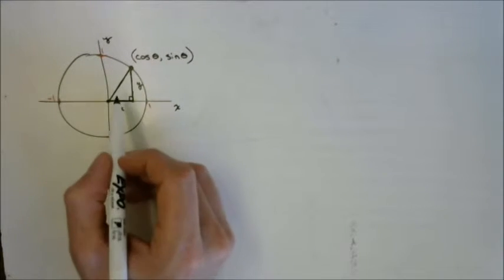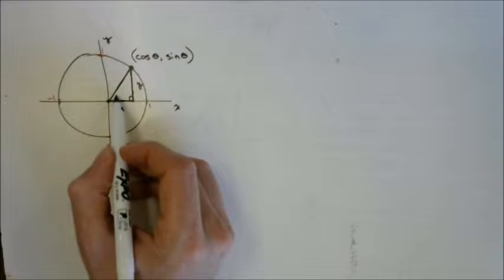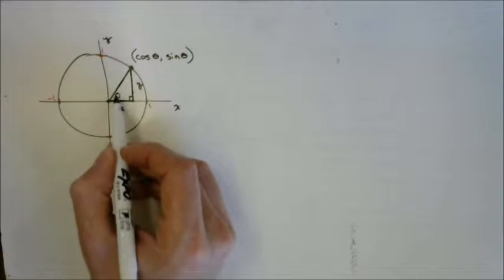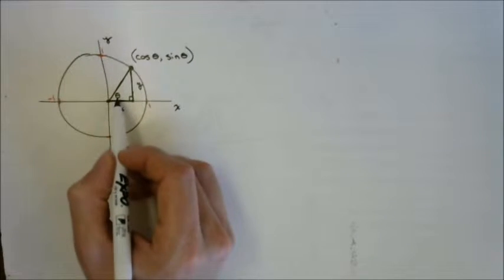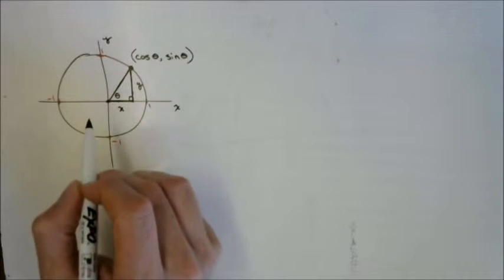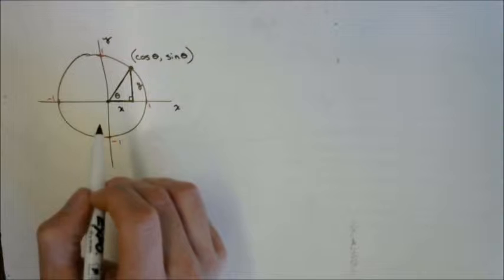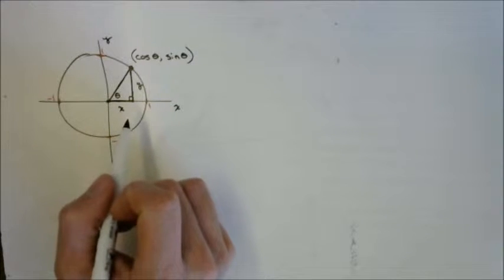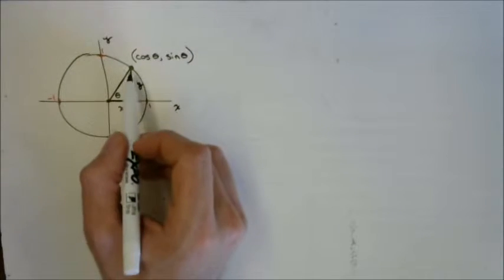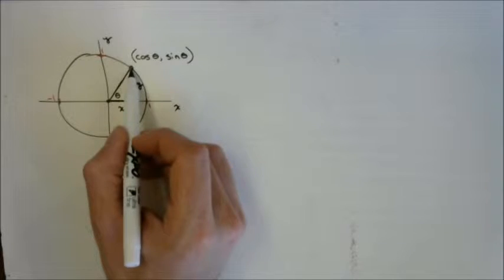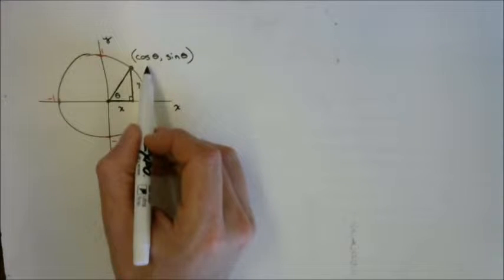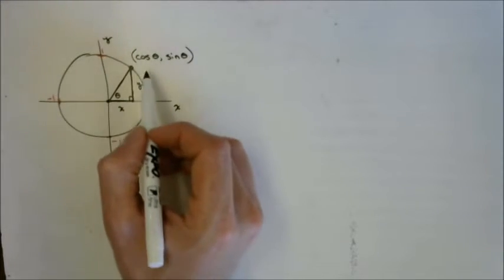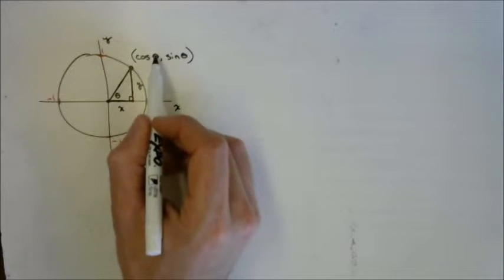What that means is that this angle formed by the initial arm and the terminal arm is called theta. Theta is just a common name for an angle. You've seen it before, you'll see it again. But if I wanted to calculate the coordinates of this point, for the x coordinate, I would type in my calculator cosine of theta.